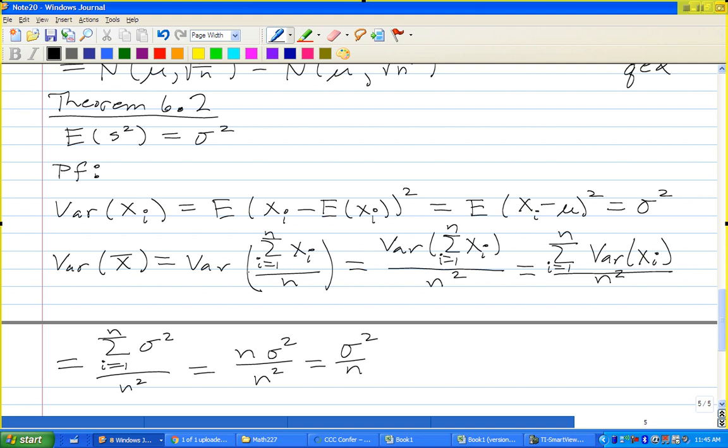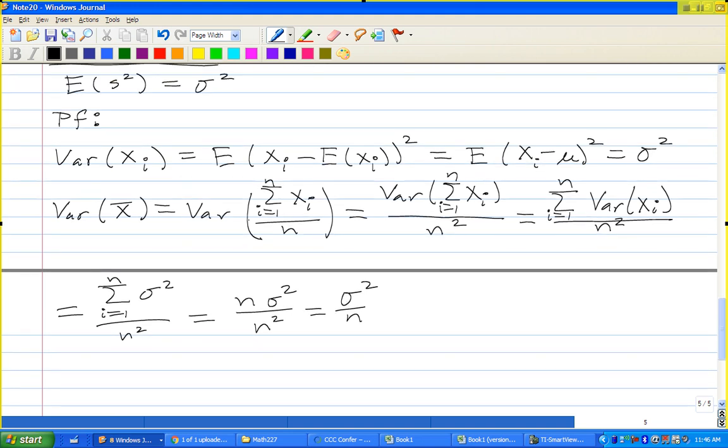Also, let's do a calculation that's slightly different. The variance is just the expected value of x squared minus the expected value of x, squared.